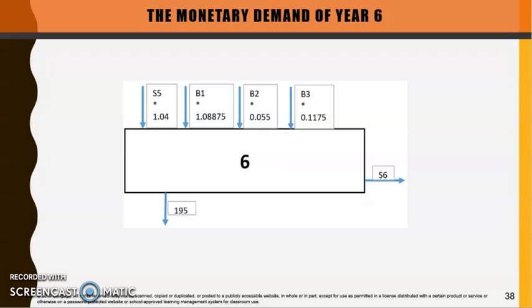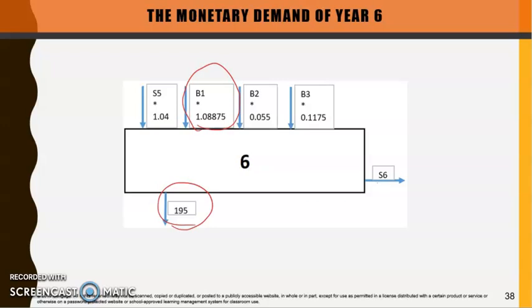As you can see, at the beginning of year 6 we have B1 mature. You also get the par value of it. B2 and B3 are exactly the same. S5 is the same. The obligation at the beginning of year 6 is 195 and new investment is S6.